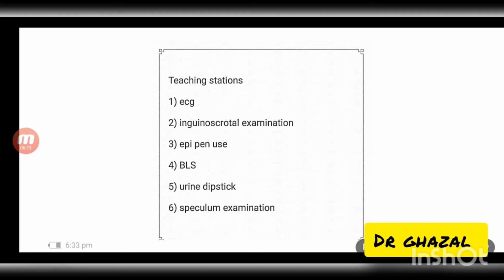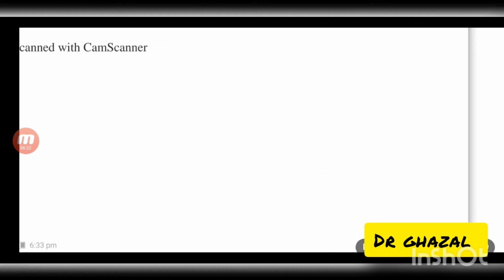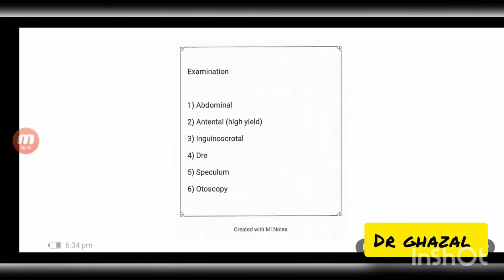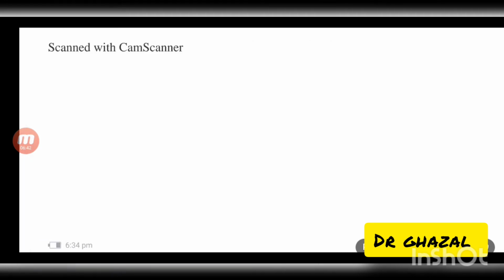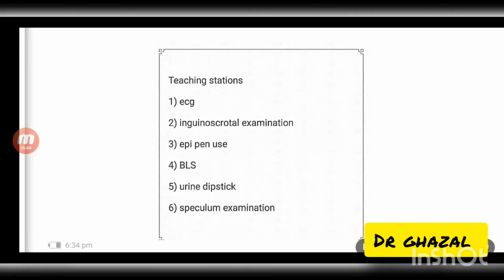You will teach how to do a urine dipstick test and how to interpret the results in the kit. And number 6, again the speculum examination. That is also an examination station. I told you that speculum and inguinal actually sometimes come under the examination and sometimes come as teaching stations.